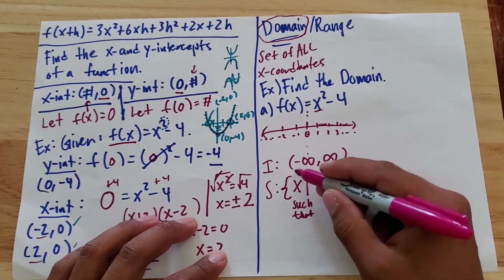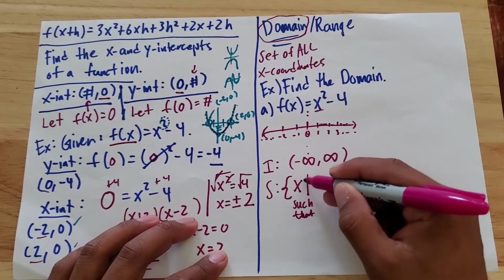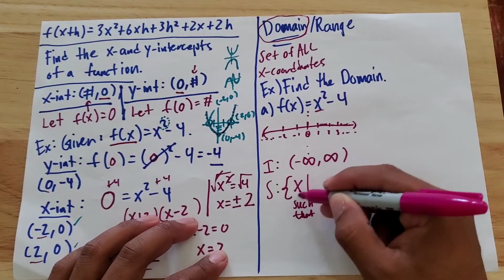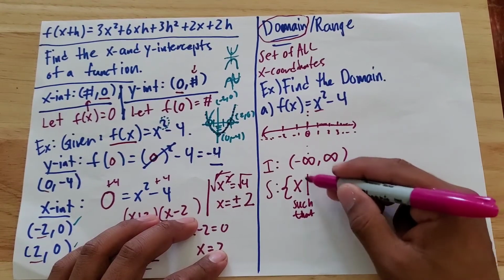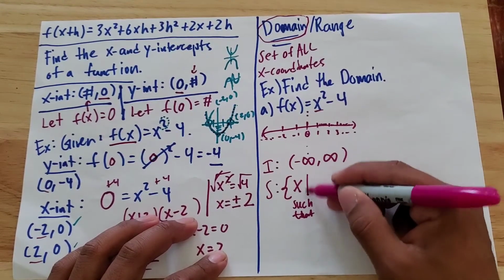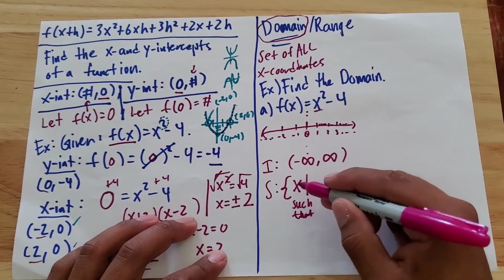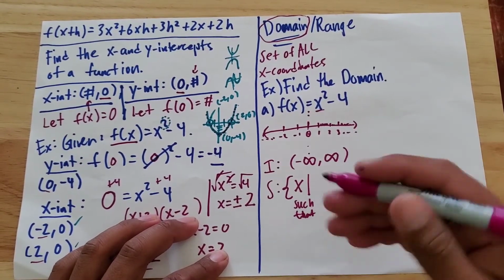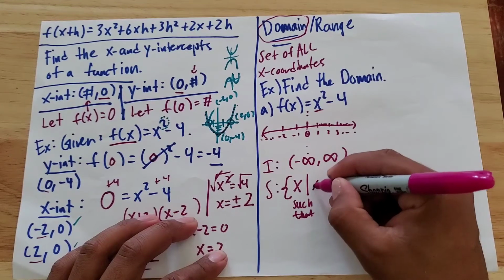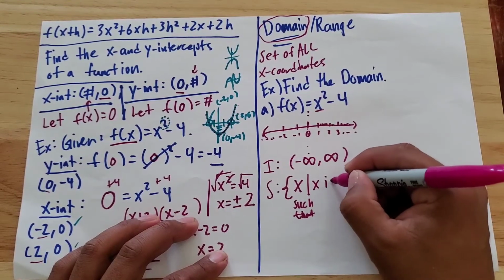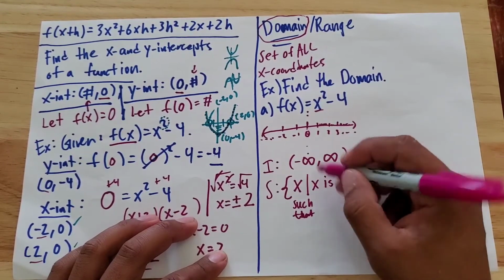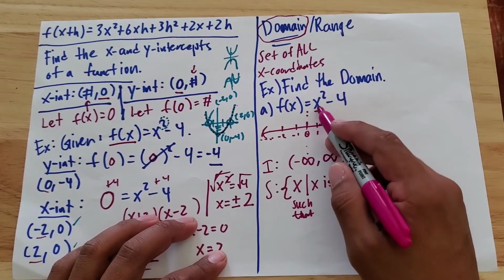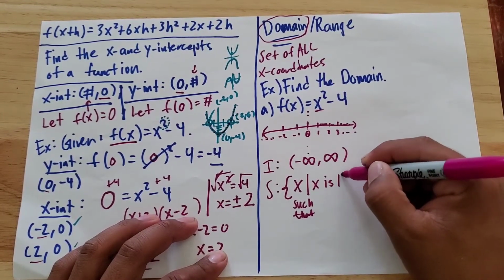And what you're saying is that I'm going to tell you about the x variable, and after here, I'm going to tell you something about this variable. And that thing is that x is, meaning I'm telling you all the x values that satisfy this function.